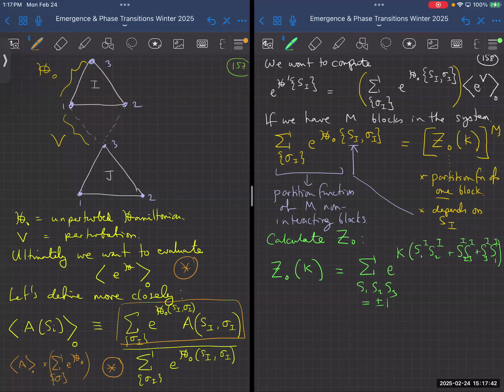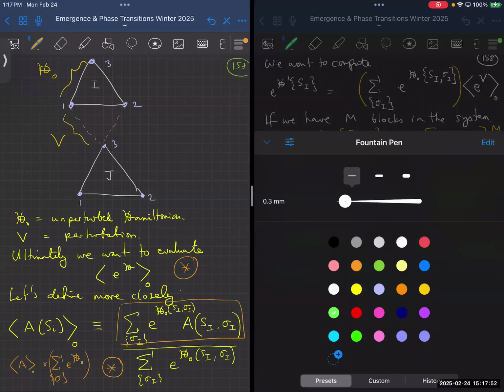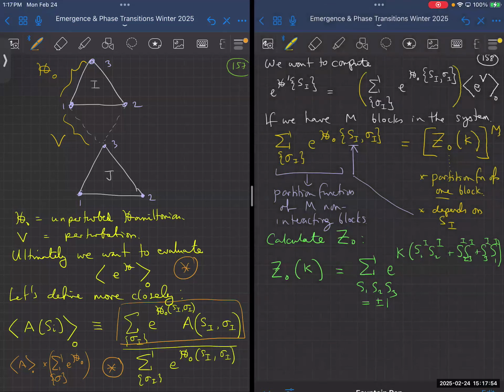Okay, and I have to do this for particular values of the block spin variables. So when I do this calculation, the one I've just outlined, the states that I'm going to be summing over are S1 equal to minus 1, S2 equal to plus 1, S3 equal to plus 1.